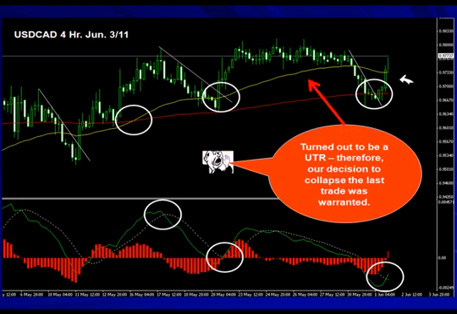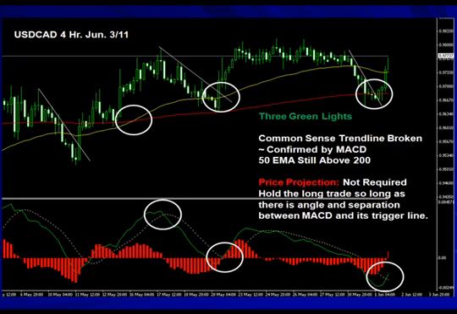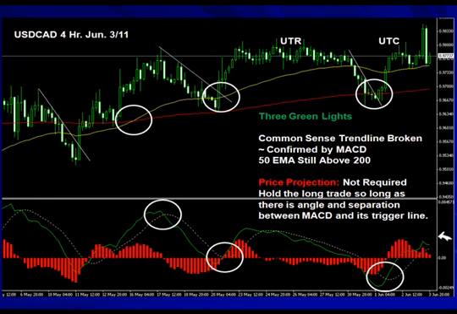We're in an uptrending market as evidenced by the 50 EMA above the 200 EMA. So we have our three green lights as delineated on your screen. And again, our price projection is going to come in the form of paying attention to MACD. Here we have MACD above its trigger line. At no time did it punch down through its trigger line.